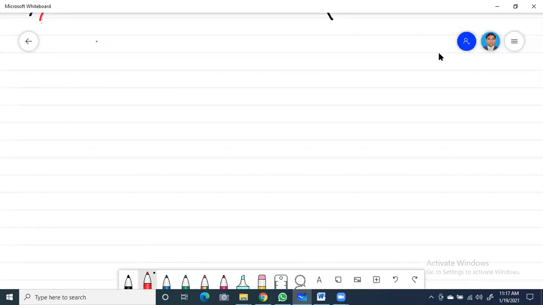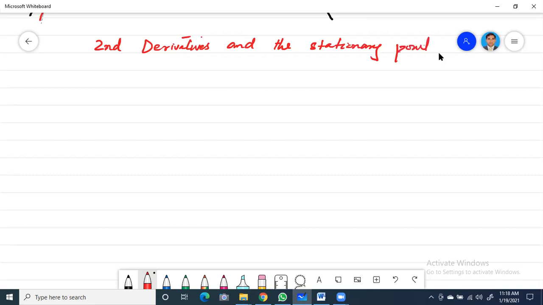Second derivative, new topic is second derivatives and the stationary points. How we can use the second derivative to find the stationary points?